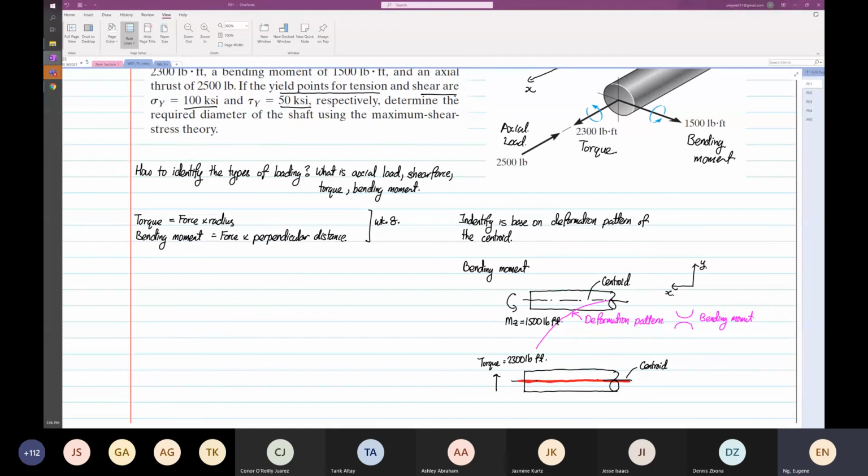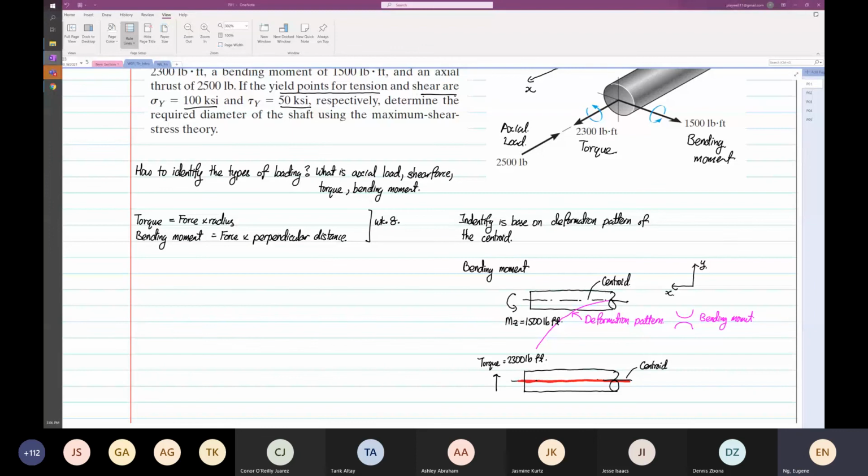So I will go into more detail in week 8 on how to identify a bending moment, torque, and shear stress, or shear force. You have done shear force before in 2P04 in bending moment and shear force diagrams. I'm not so worried.